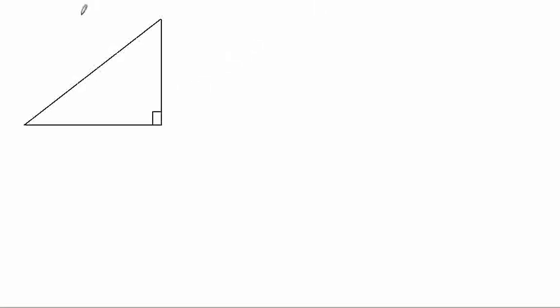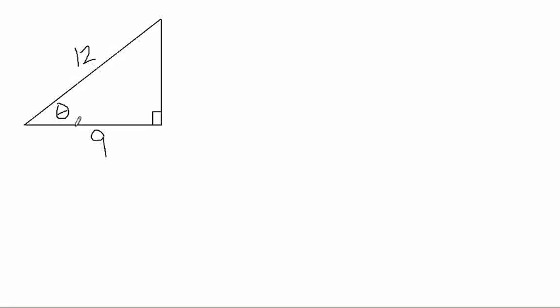Let's suppose you knew that the hypotenuse length was 12 length units, and the horizontal leg length was 9 length units, and you wanted to find the value of theta, where theta is the angle measure of the left acute angle.